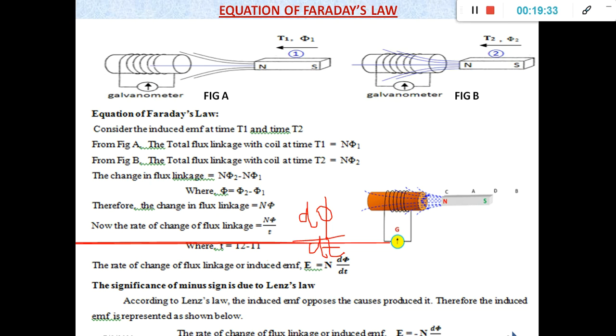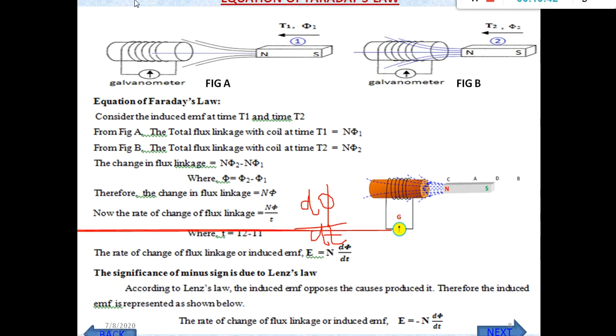The induced EMF will be equal to minus N into d phi by dt due to Lenz's law. Okay, what is Lenz's law? Every action has an equal and opposite reaction. According to Lenz's law, the induced EMF opposes the cause producing it. Therefore E is equal to minus N into d phi by dt.